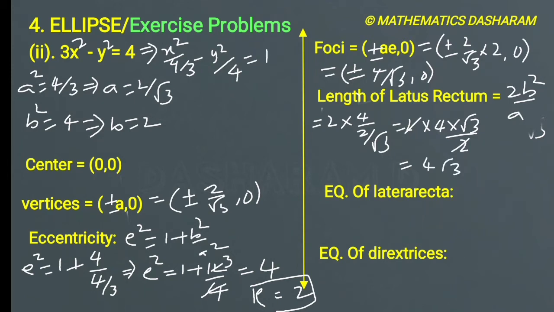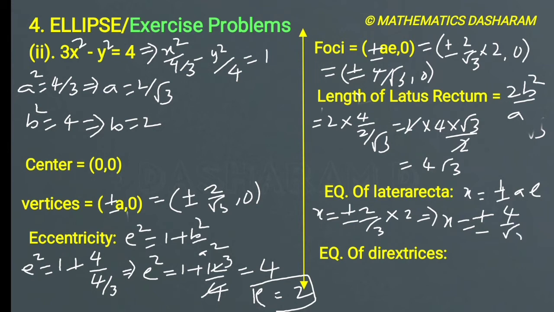Equation of latus recta, x equals plus or minus a into e. So x equals plus or minus a value 2 by root 3 into e value 2. It implies x equals plus or minus 2 2s are 4 by root 3.